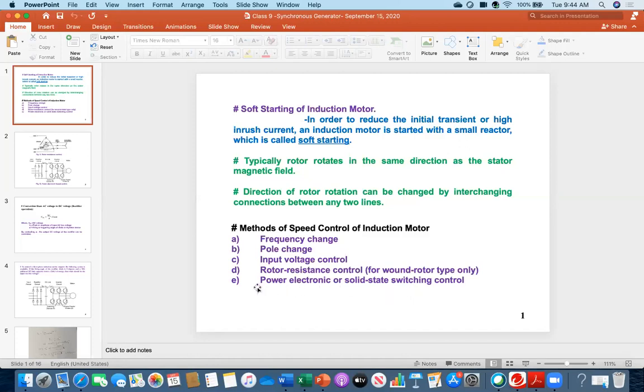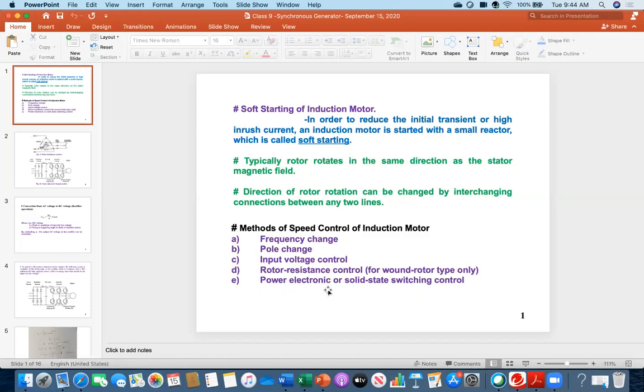I said definitely the number 5, power electronics based control. In fact, both the fourth and fifth, rotor resistance based control and power electronic, are popular. But if you say the best method or the most sophisticated, that is definitely the power electronics one.